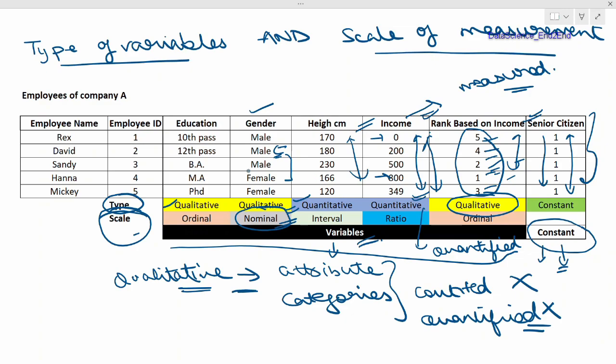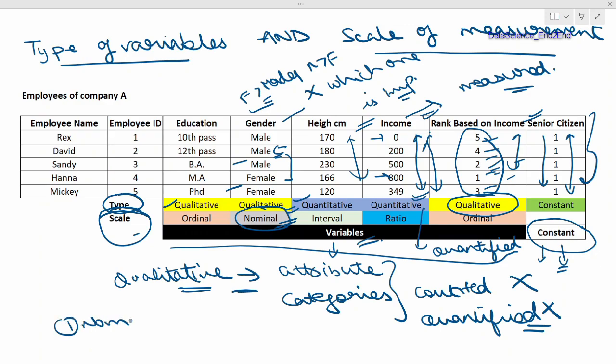In this particular case, we are just creating the categories male and female, and we are not highlighting which one is more important. There is no angle of order here. We are not saying that male is greater than female or female is greater than male. We are just creating the categories. These kinds of measurement are called nominal scale of measurement. Nominal, it's just creating categories.